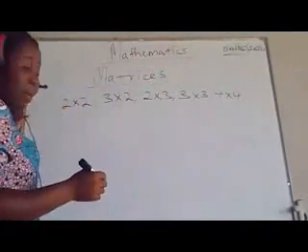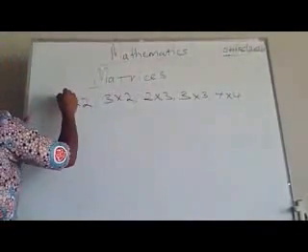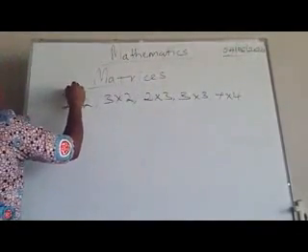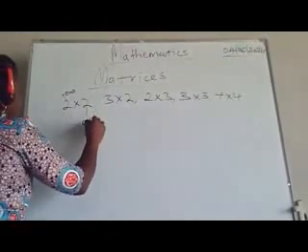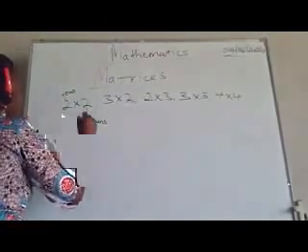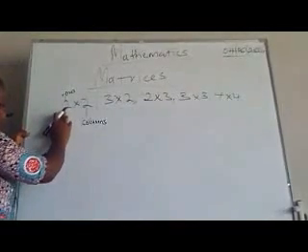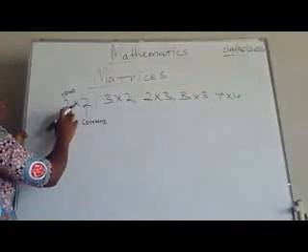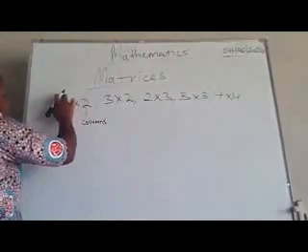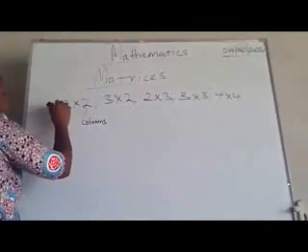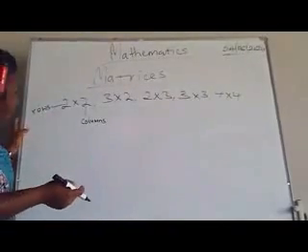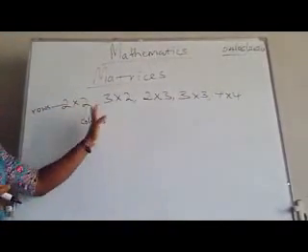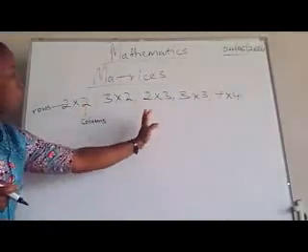A 2x2 matrix simply means 2 rows and 2 columns. The first number represents the rows, while the second represents the columns. Okay, let us list out some of the matrices that fall within this.